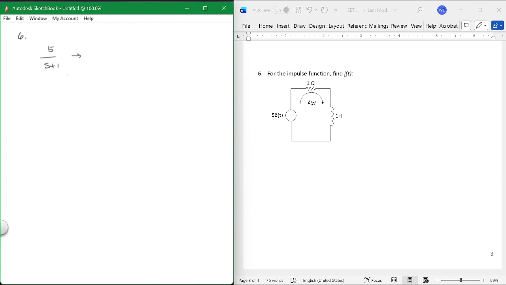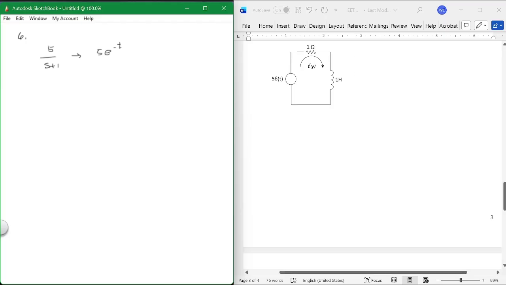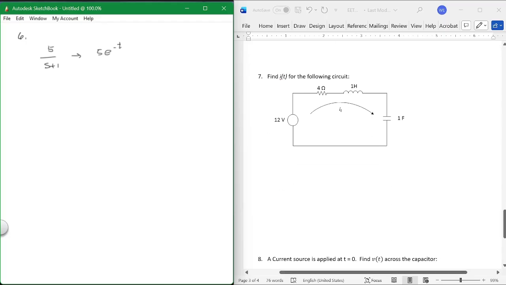And you can immediately look at that and evaluate that, and that is 5 e to the minus t. Any questions about number 6? You don't have to go through any long razzmatazz or anything. Just look at it and evaluate it. It's done. Number 7.